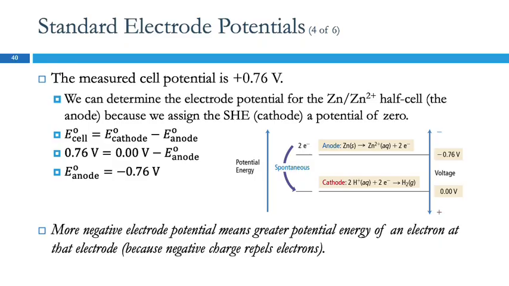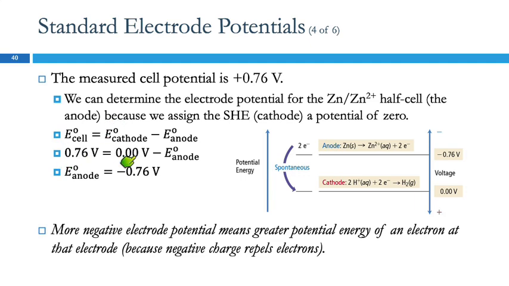Oh, yeah, I just drew this, and here it is on the slide. So the measured cell potential was positive 0.76. That cell potential is the potential at the cathode minus the potential at the anode, because it's a difference in those potentials, right? So E cell is 0.76.